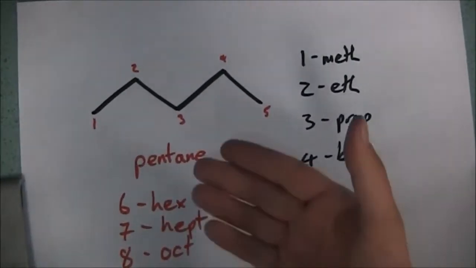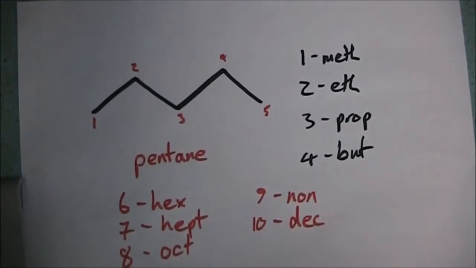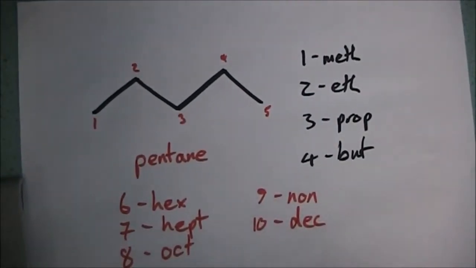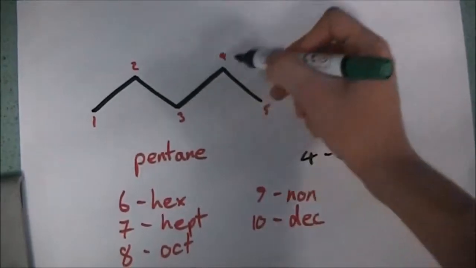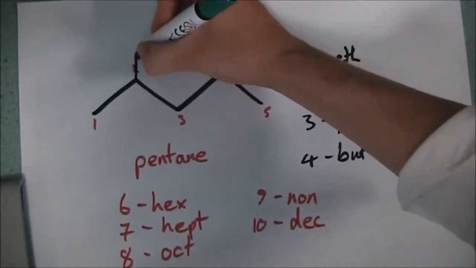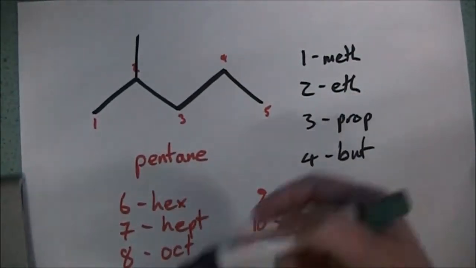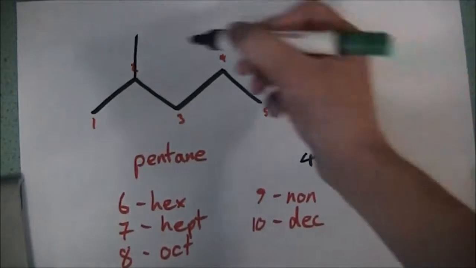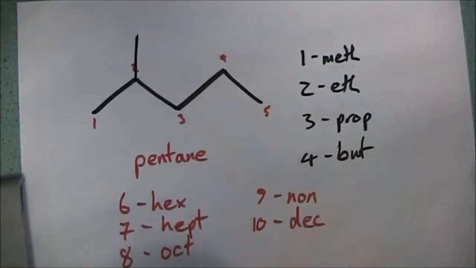So pentane looks like that, but we can get a bit more complicated than that, because actually not all organic chemicals have a straight chain of carbon atoms like this does. We can actually put carbon atoms on the side. So if I put a methyl group, that is a methyl group, so meth, 1 carbon, it's a group with 1 carbon.